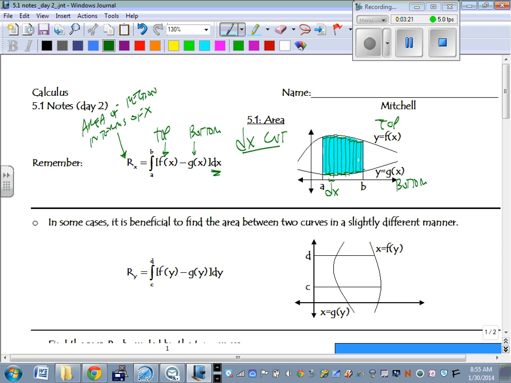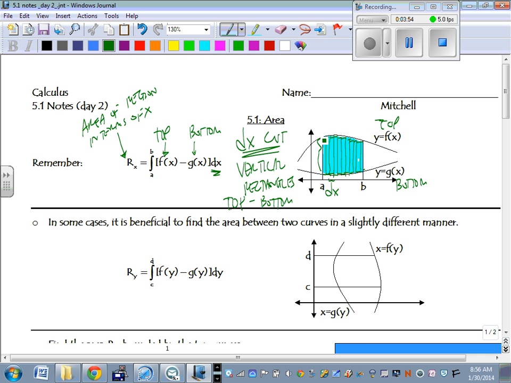All right, so a dx cut, that's used when we have vertical rectangles. And we have a top function minus a bottom function. That can only work if we have that function that's above the other one the whole time. Now, if we look at the height of these rectangles, we would take this y value minus this y value.